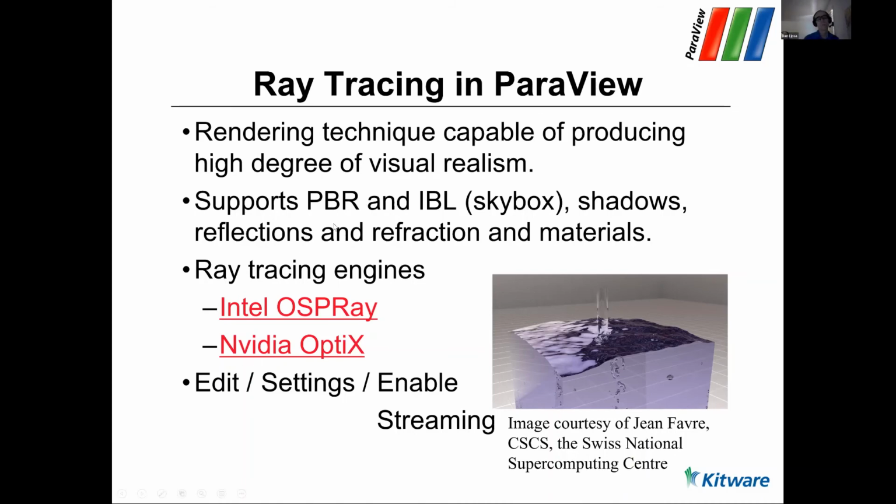Ray tracing supports physically based rendering and also skyboxes. So everything that you've seen so far would work for ray tracing as well, but it supports additional functionality. You can have shadows, reflections, and refractions, and materials as well. So ParaView allows you to do streaming that is set to low resolution initially when you interact with your data, and then the resolution increases when you stop interacting.